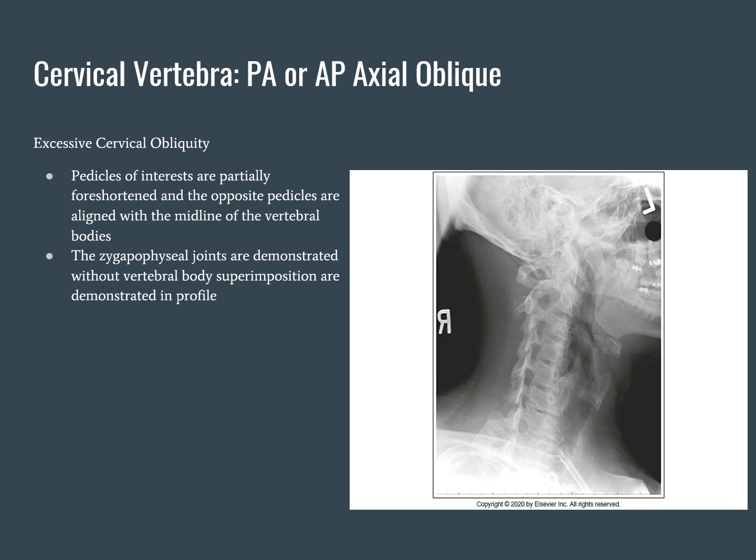Again, the zygapophyseal joints that are demonstrated without vertebral body superimposition are demonstrated in profile. We must remember that because it is possible for the upper and lower cervical vertebra to be rotated to differing degrees in the same projection, we need to truly evaluate the entire cervical vertebra for proper rotation.